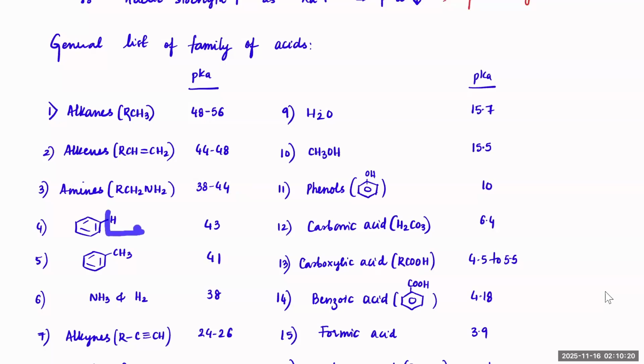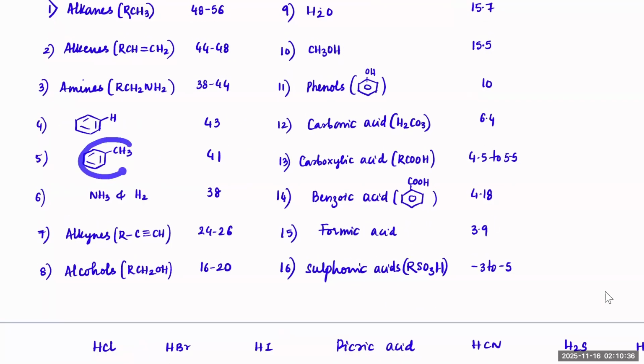Benzene, to break this H plus, the pKa value for that is 43. So definitely it is better than normal alkenes and alkanes. Correct? So benzene will have slightly better acidic strength than alkenes and alkanes. Then toluene. Toluene will have even more slightly better acidic nature than benzene.